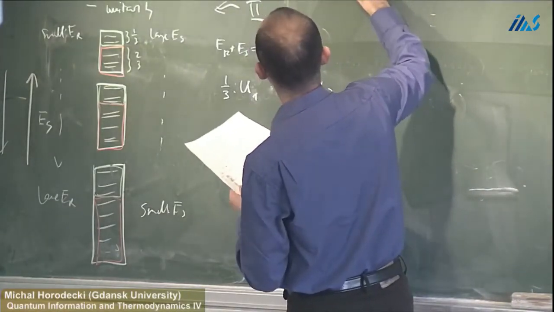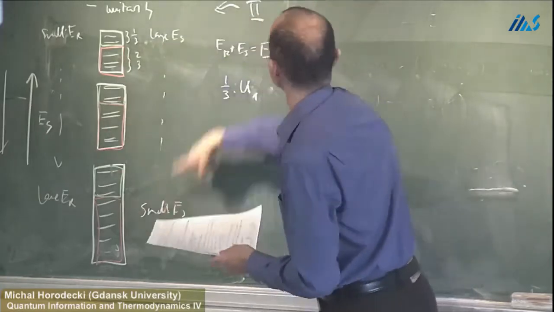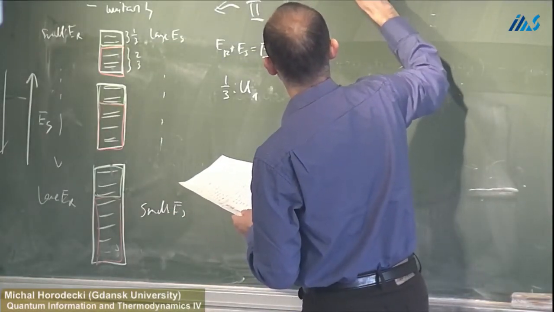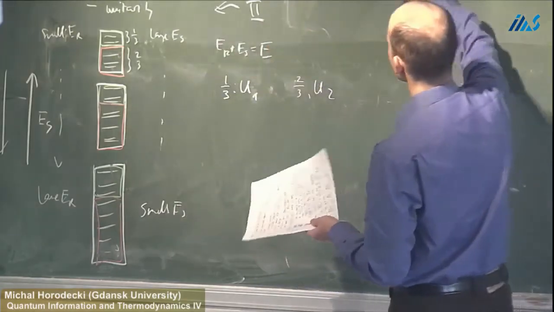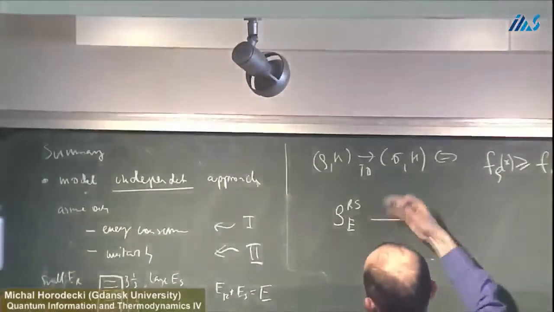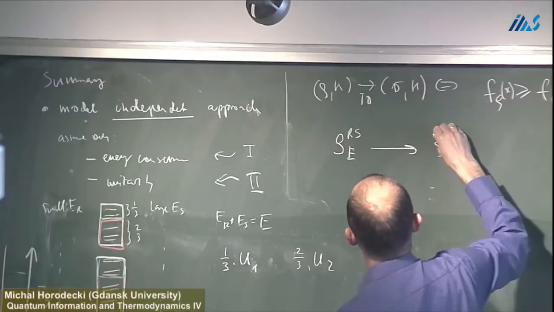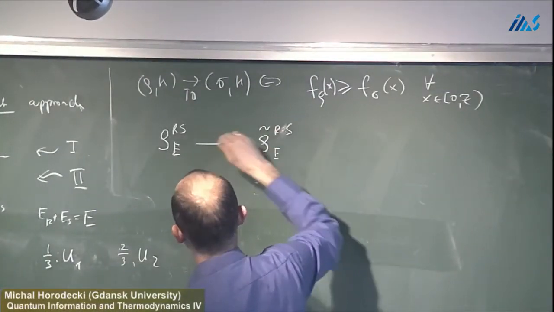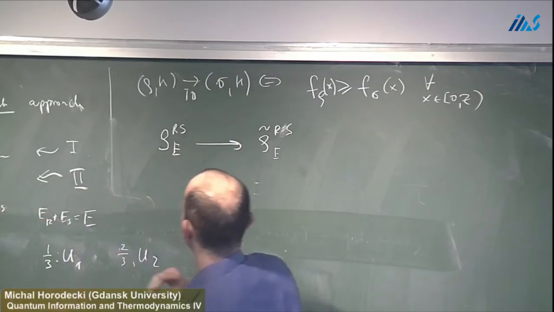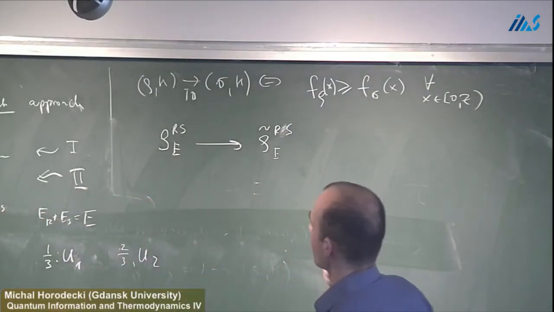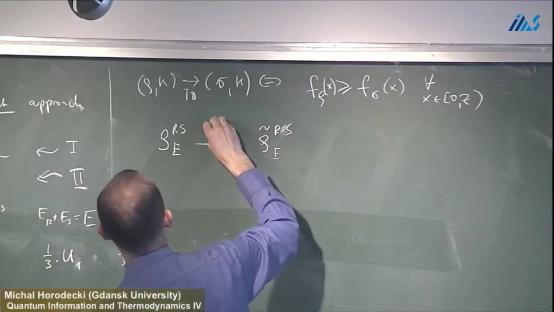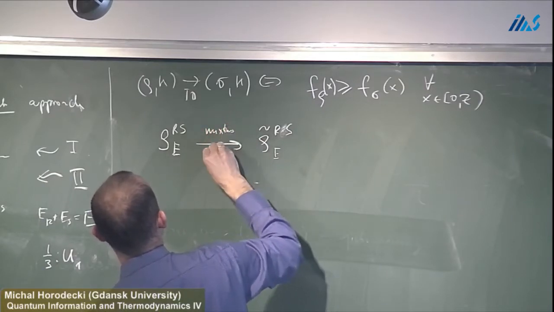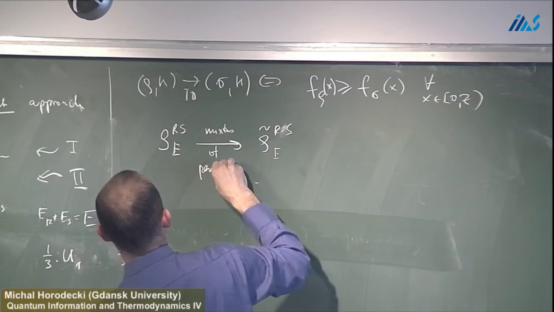Right. So now, if we take some initial state of this R and S for this fixed energy, we can ask, to what other state can we go by mixtures of unitaries, so by mixtures of permutations?